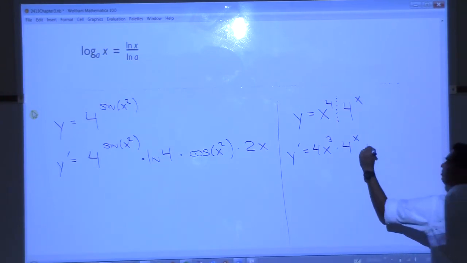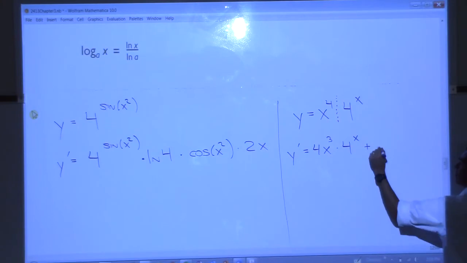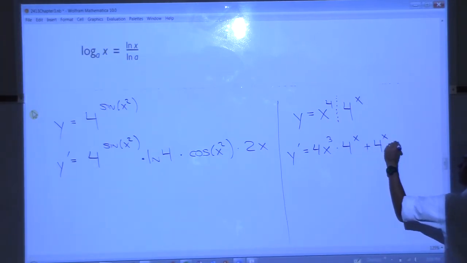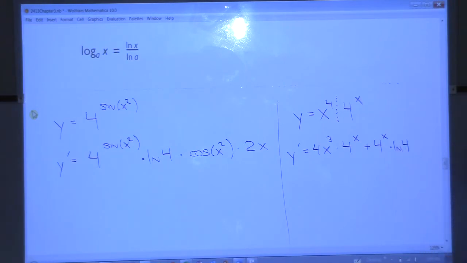Then plus the derivative of 4 raised to the x, which is itself times natural log of 4. And then times the x to the 4th, which finishes off our product rule. Questions on that one? f prime g plus g prime f.